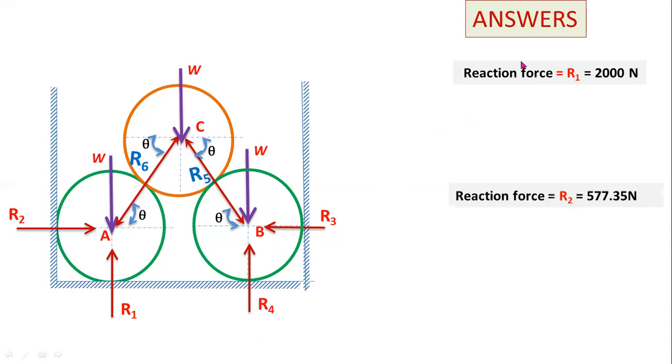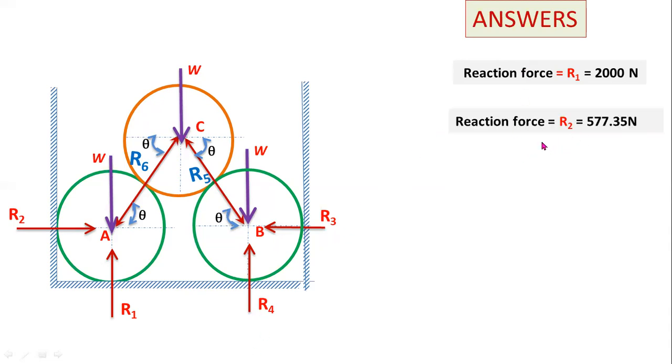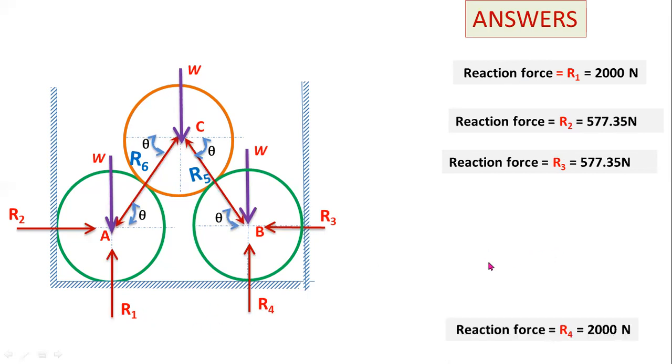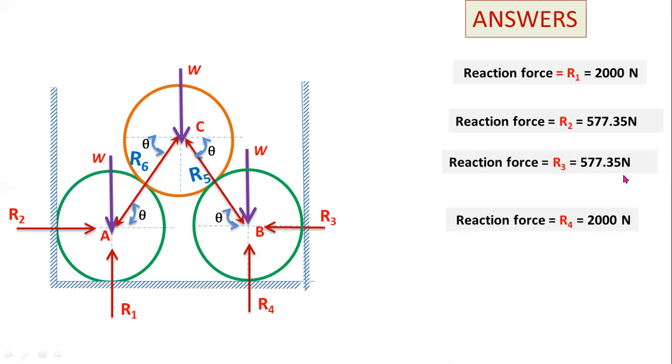So the following are the answers for this problem. Reaction force R1 equal to 2000 newtons, R2 equal to 577.35 newtons. R3 force is equal to R2, that value equal to 577.35 newtons, and reaction force R4 equal to R1, that value equal to 2000, and reaction forces R5 and R6 both are equal.